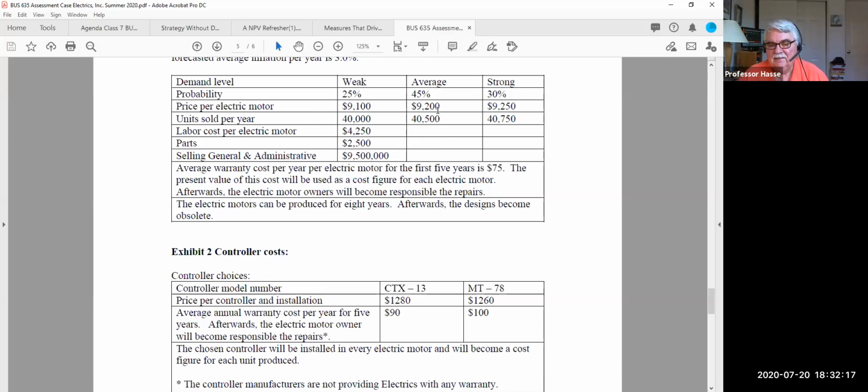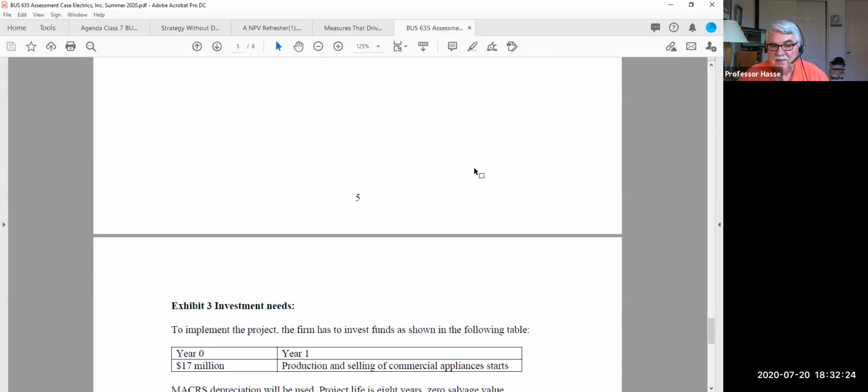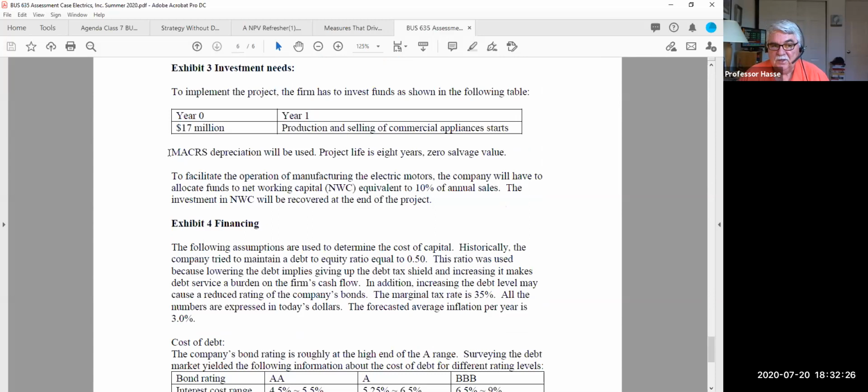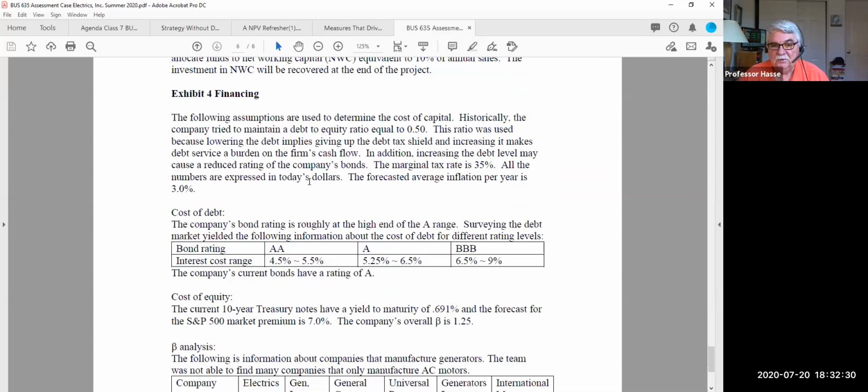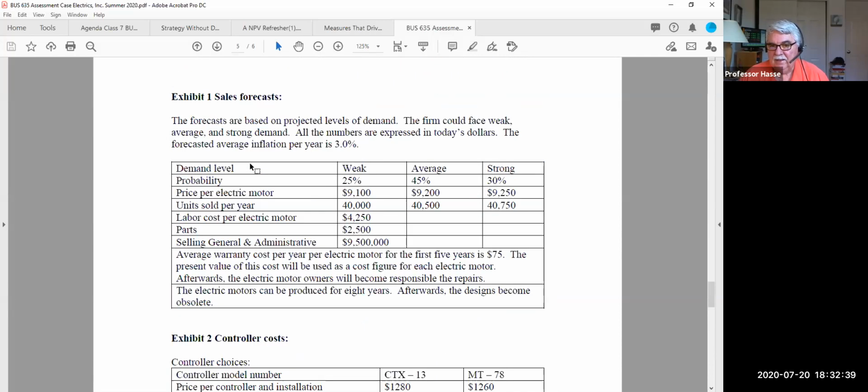By looking at that, I'll be able to see if you figured this warranty cost correctly. I'll be able to see that you determined the depreciation correctly. And I'll be able to see that you determined the cost of capital. If you give me that one spreadsheet, I'll go through it and look at it. But don't send it to me on Saturday night, August 15th at midnight when it's due the next day.